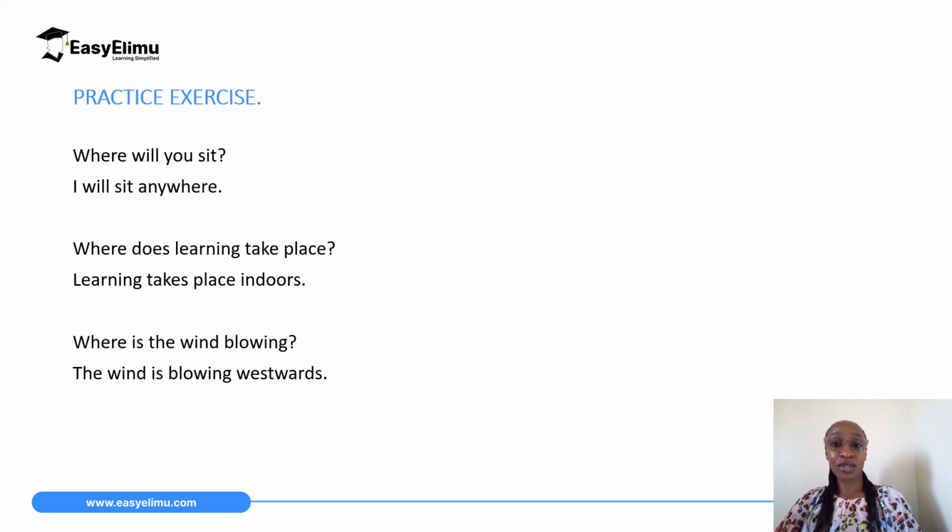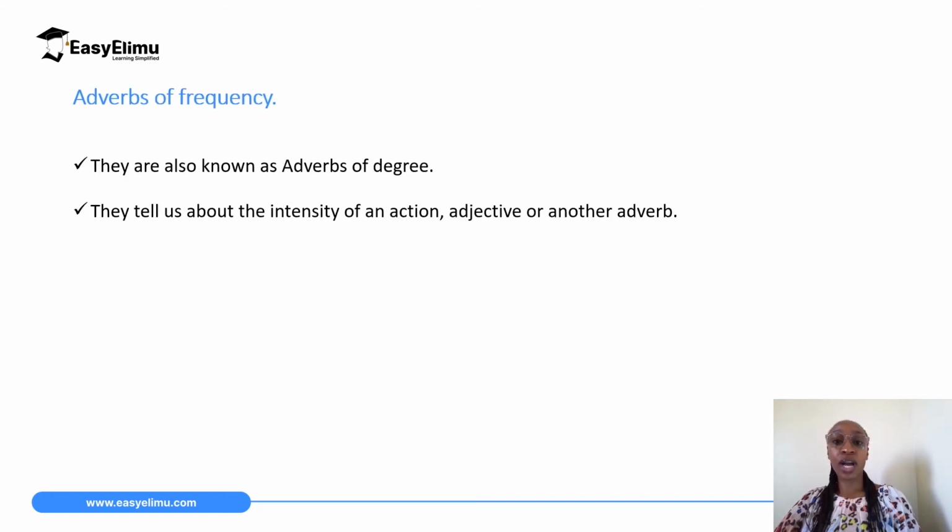Let us now transition to adverbs of frequency. So adverbs of frequency are also known as adverbs of degree. These adverbs tell us the intensity of an action, an adjective, or another adverb.